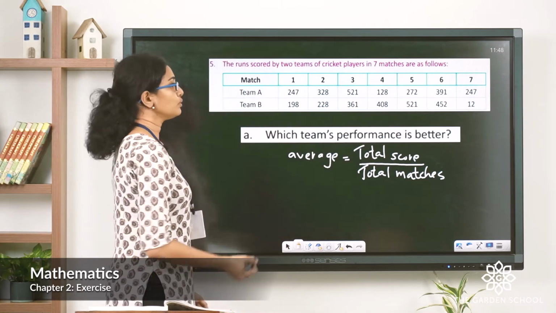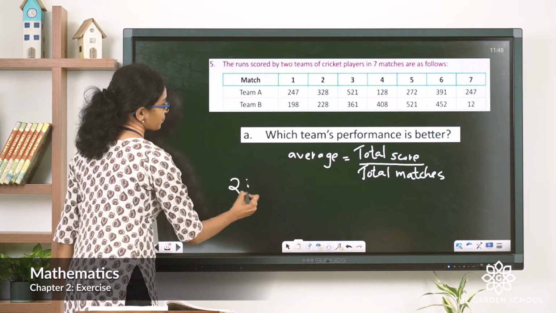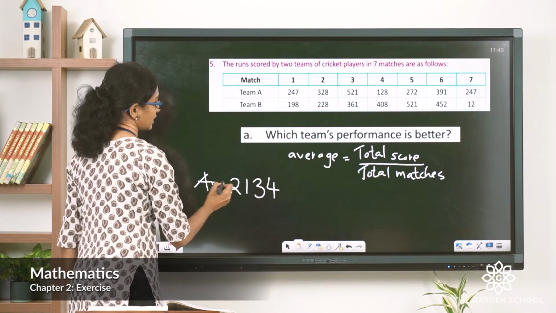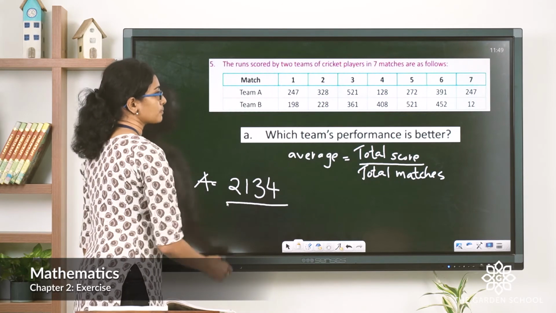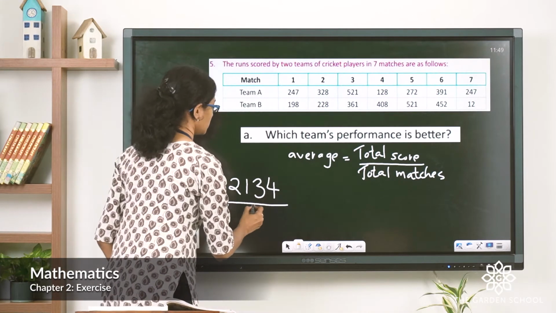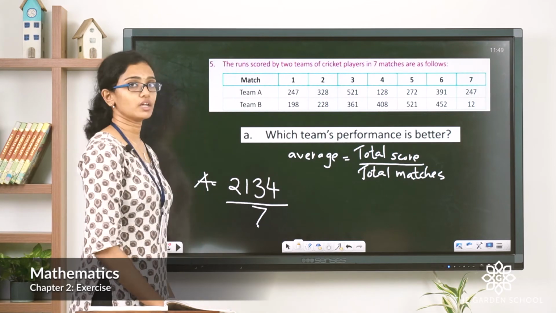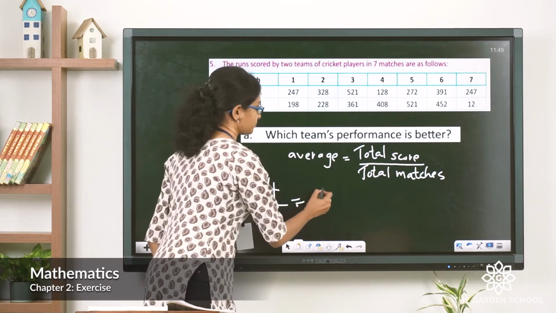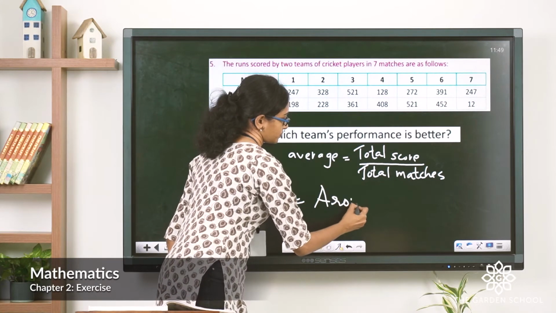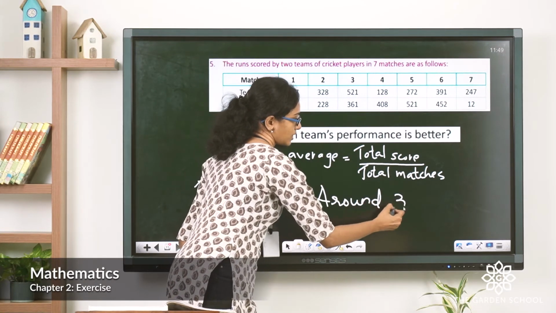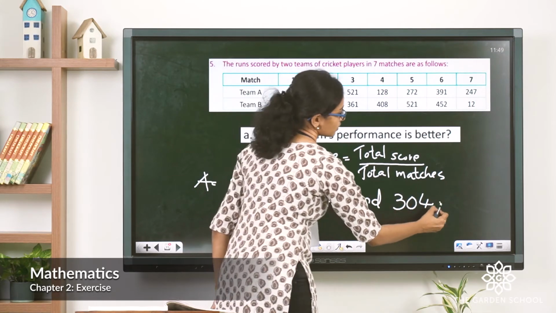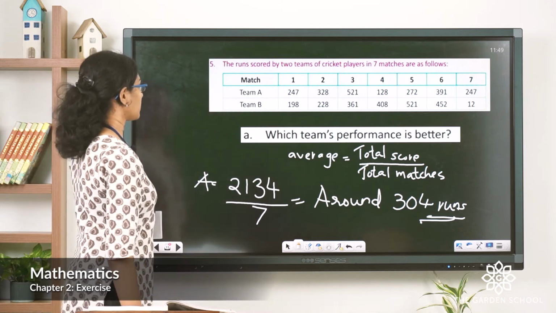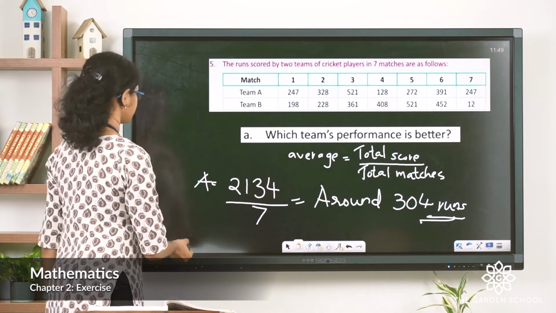So that will give you a total score equal to 2134, and let's divide that by the number of matches, which is equal to 7. So that will give you an average around 304 runs.